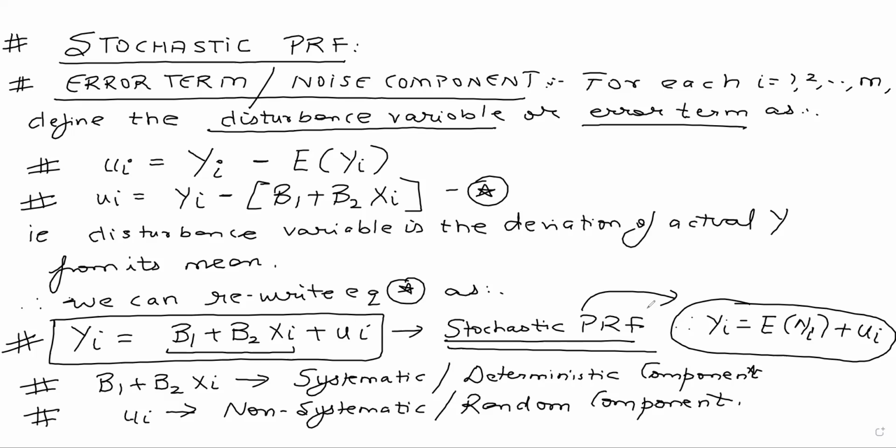In the entire regression which we have done till now, there is only one variable which is non-stochastic, and that is xi. Yi is also stochastic, ui is also stochastic. That means both yi and ui have a probability distribution attached to them. Only xi takes fixed values. It is non-stochastic.